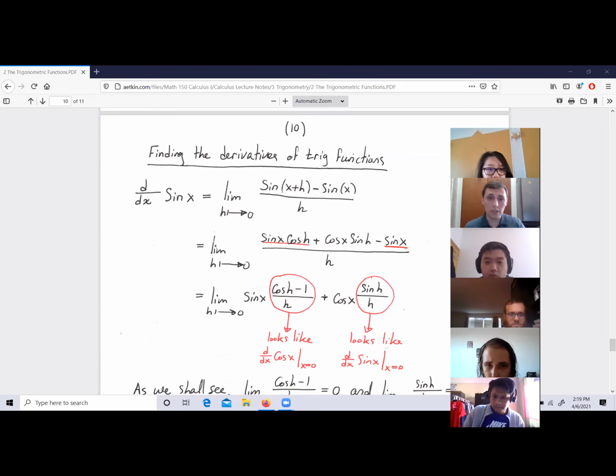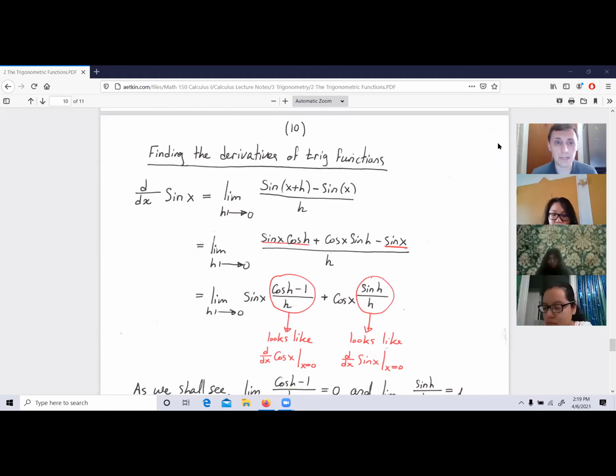Now, in all algebraic functions, the z minus x definition is the more convenient one. But here, just like with exponential maps, the more convenient one is this definition, since here is what you can do. The derivative of sine x, by definition, is the limit as h goes to 0 of sine of x plus h minus sine x over h.